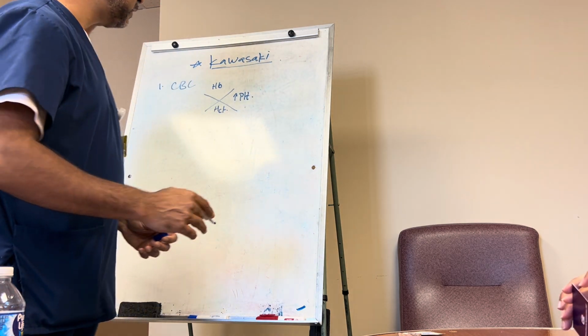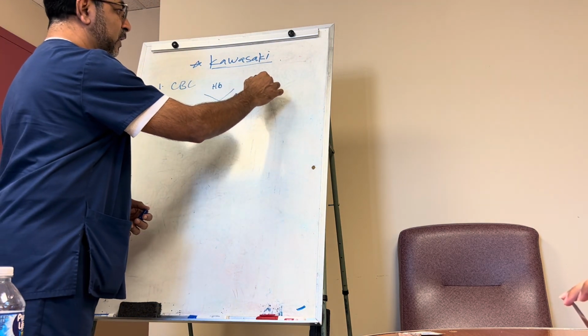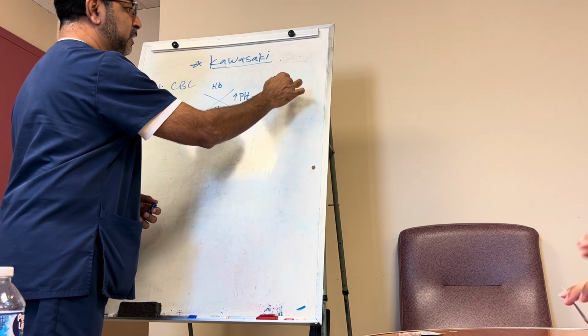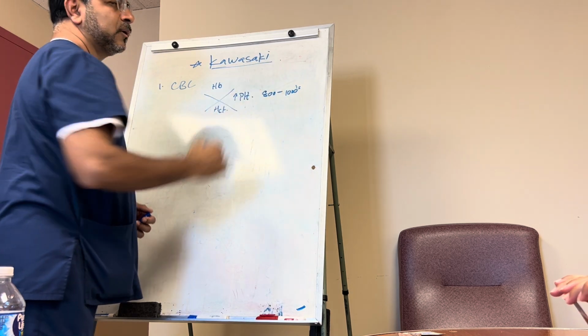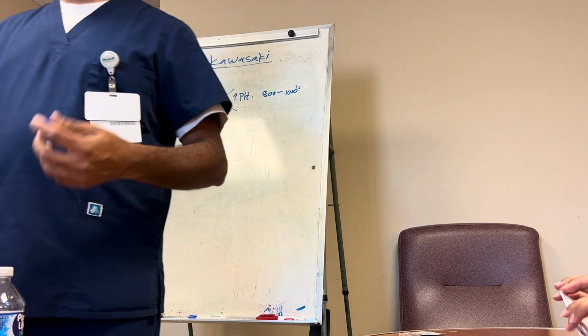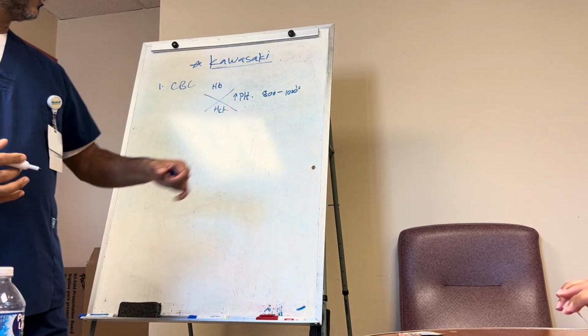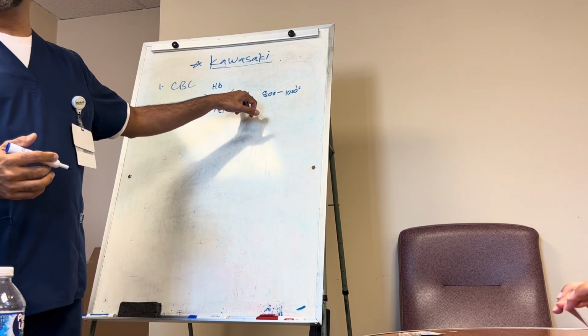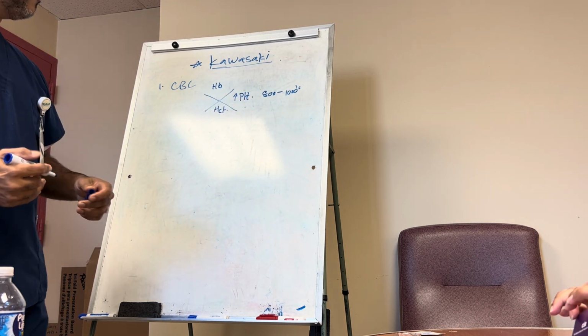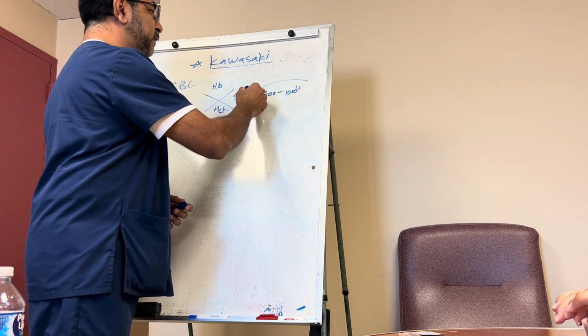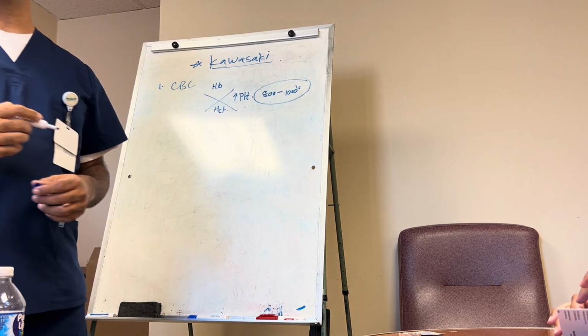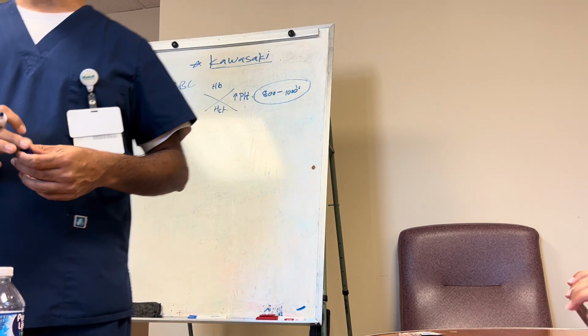Okay? Their platelet levels are very high, to the point they're in thousands. Maybe 800 or maybe in thousands. Right? So you develop thrombocytosis. So you want to see what your platelet levels are. And when do you see thrombocytosis? In which stage of Kawasaki? Stage 1, 2, 3, chronic.